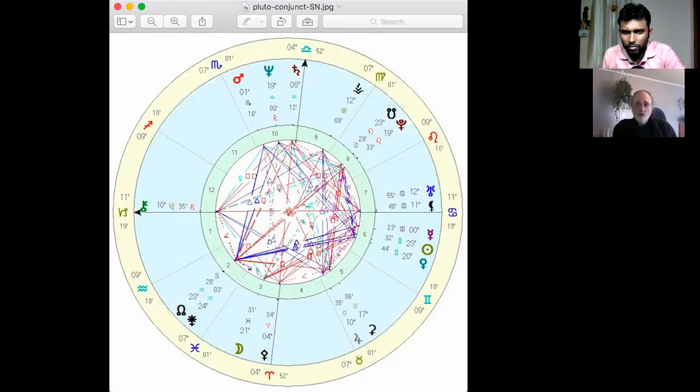The core issue with Pluto conjunct the south node, Jeffrey described this as there are three possible interpretations of this, which is a significant placement. The first two are not that common. The third one is the most common. The first one is that the person is in more or less a relive condition.